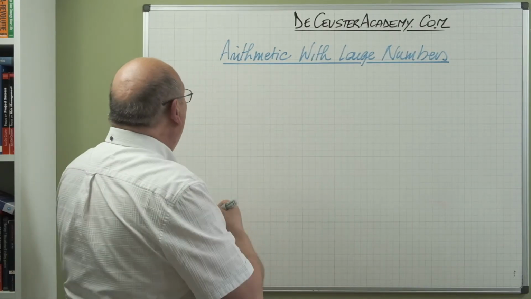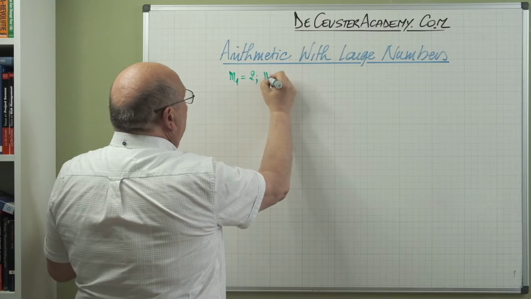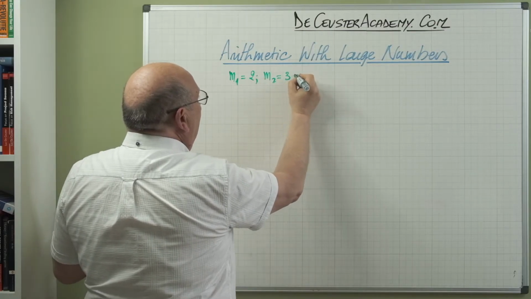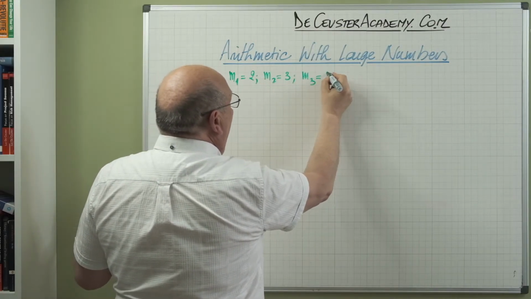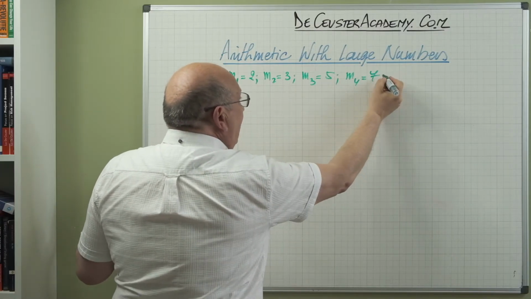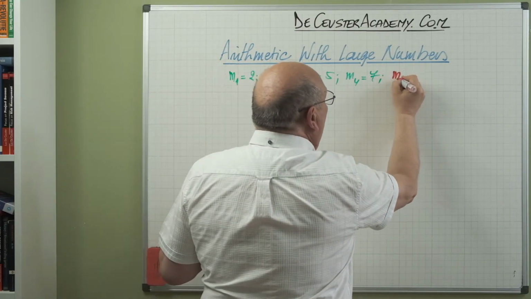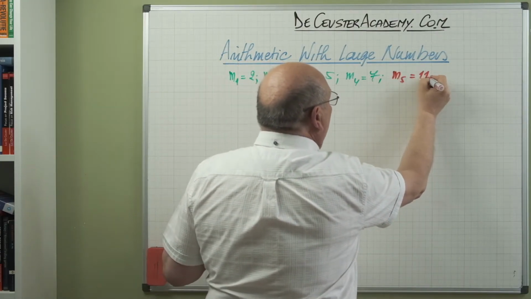So we have m1 equal 2, m2 is 3, m3 is 5, m4 is 7, and we take m5, the new modulus, equal to 11.